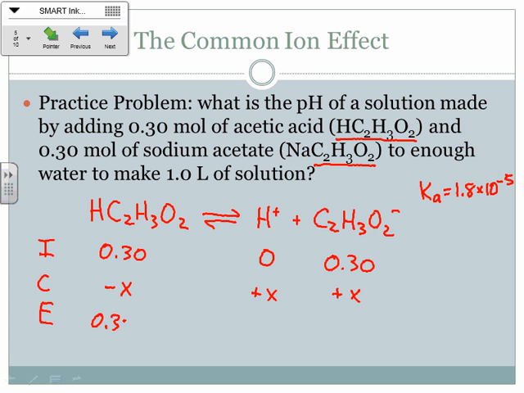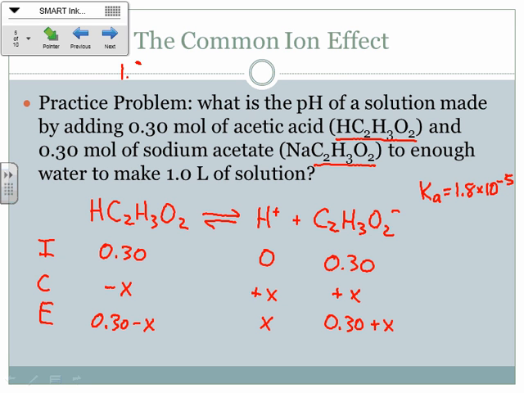So we end up with 0.30 minus x, x, and 0.30 plus x. Okay? And then we're just doing our normal thing. Now again, this is a fairly small Ka, so we can assume that relative to our 0.3, this x is going to be pretty small. Okay? We're going to make that assumption just like we did in the last chapter.